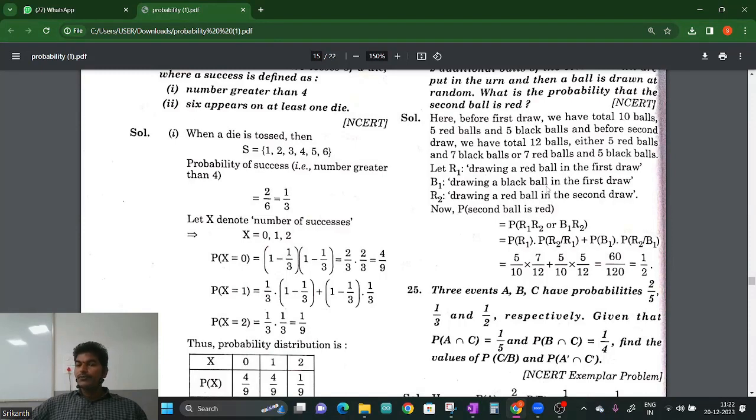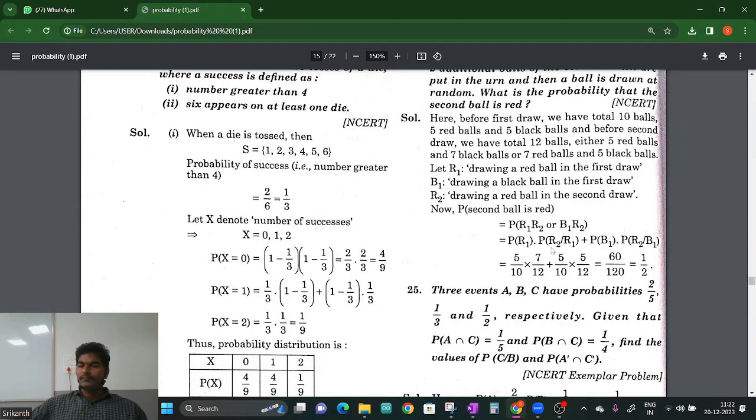And as the second draw, you should draw a red ball. If in the first attempt you draw a black ball, you are adding two more black balls, and again you have to draw a red ball only. As always, in the second attempt you should draw the red ball. In both cases, for the second draw, there are 12 balls available in the bag.